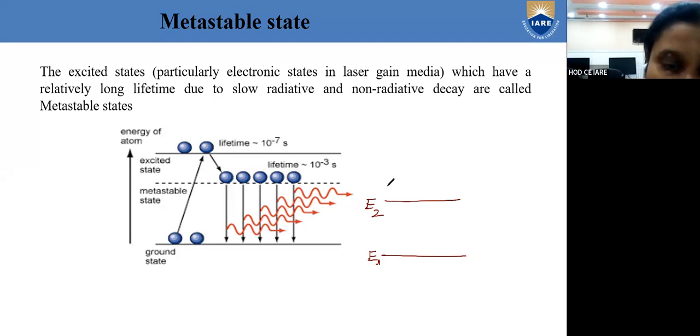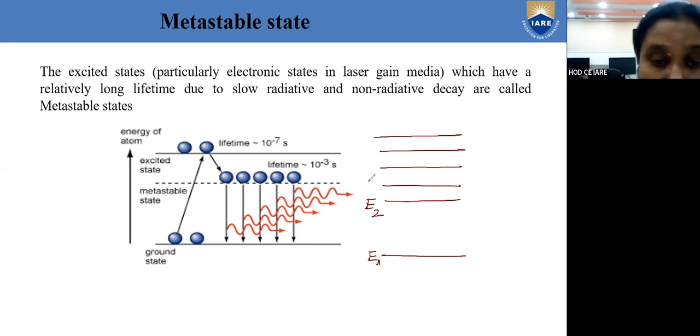Generally, any material will not have only one excited state but many excited states. So we'll call them E3, E4, E5, E6, like that. These are all different excited states.